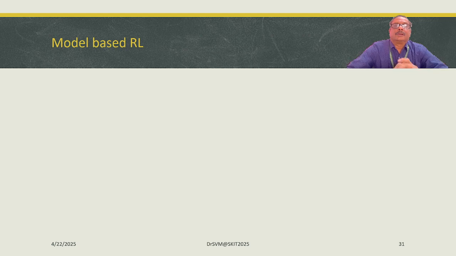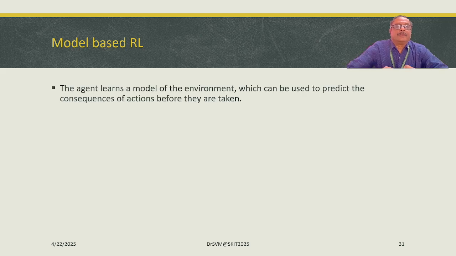Now, as we just saw at the beginning, we had two types of reinforcement learning. One we called model based, and the other one we called model free. So let's look at each of these in a little more detail. First, model based.